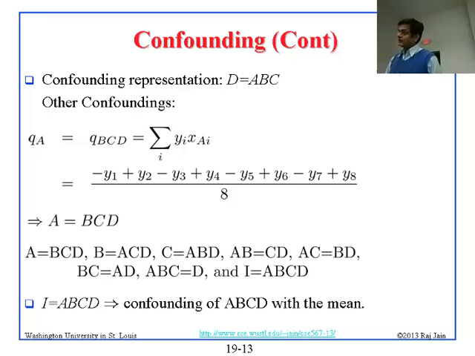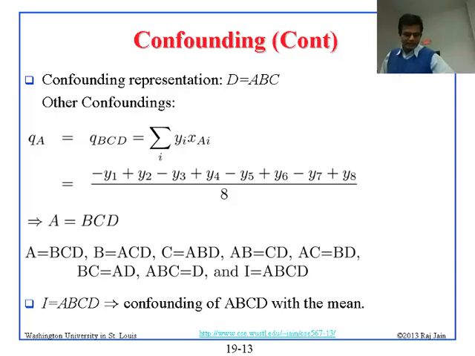There are a total of 8 confoundings. Okay? And I is confounded with ABCD. Your mean has the 4th order interaction.